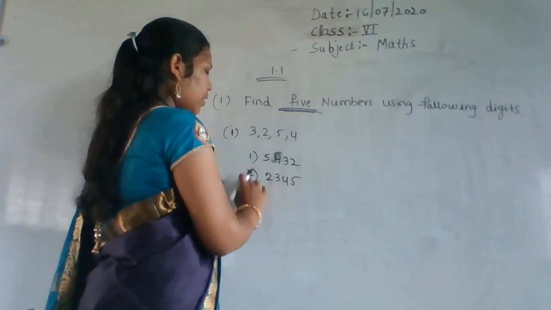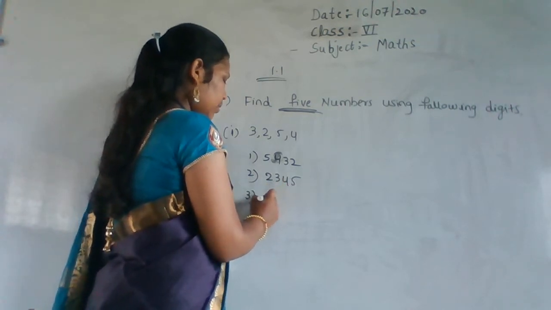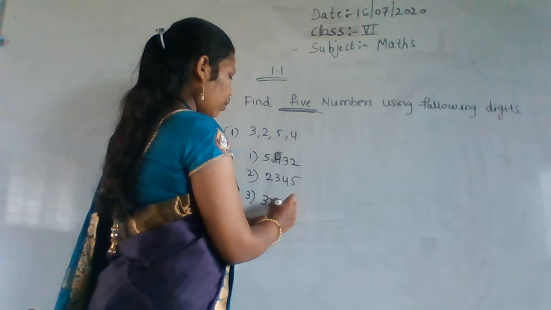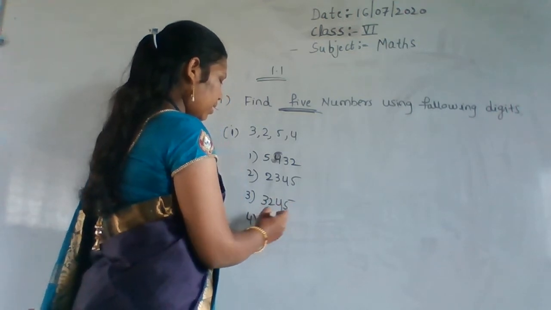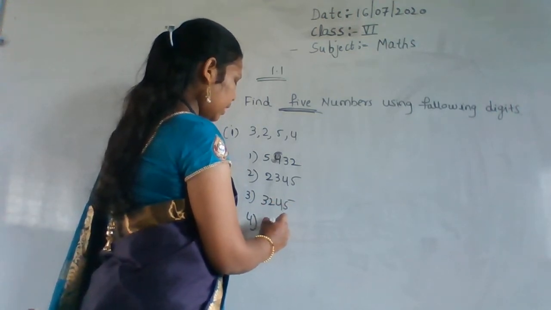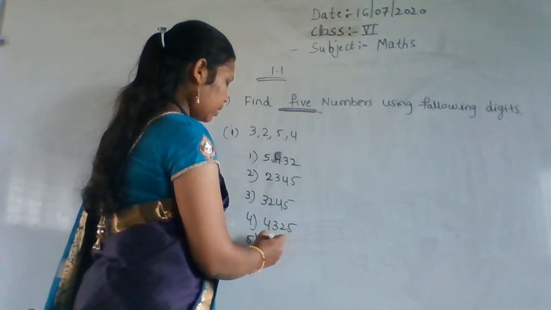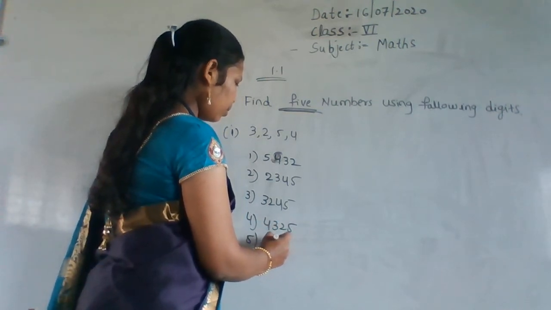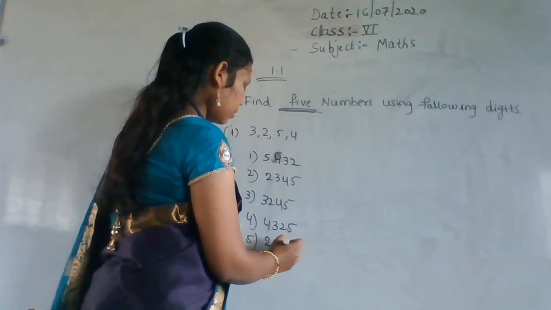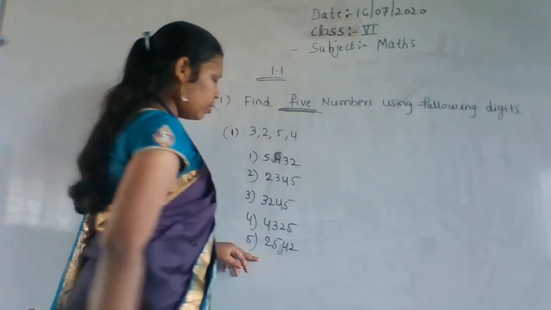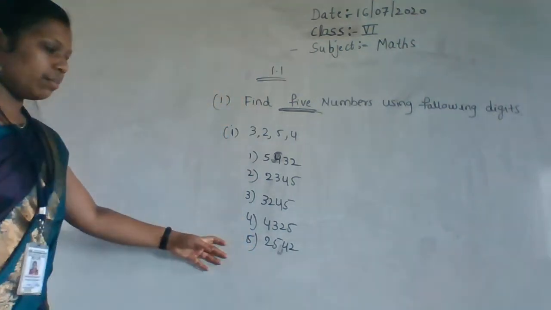Next one, alter this number: 3, 2 and 4, 5, another number. Next one, write 4, 3, 2, 5. Next one, fifth one: 2, 5, 4, 2. We'll get the 5 numbers, right?